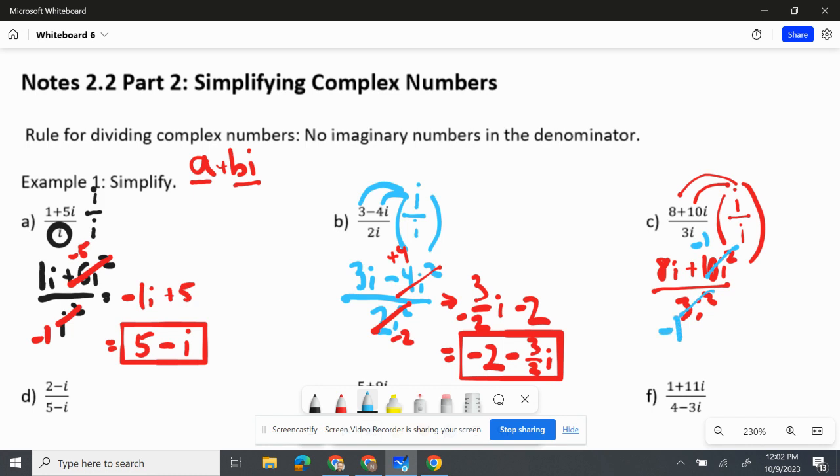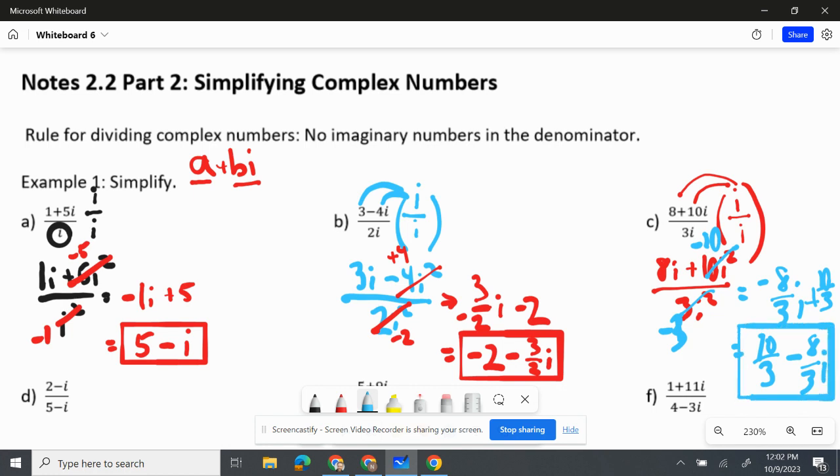So that gives us negative 8I divided by -3 is -8 over 3I. A negative divided by a negative is a positive, so that would be a positive 10 over 3. Once again, we're going to put the real number first, 10 over 3 minus 8 over 3I. And so that's dividing by a monomial.